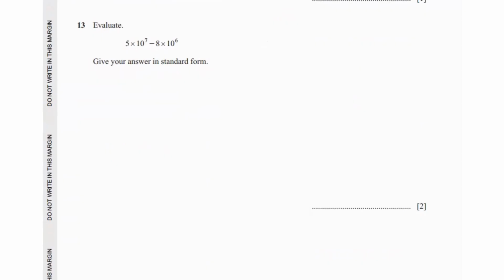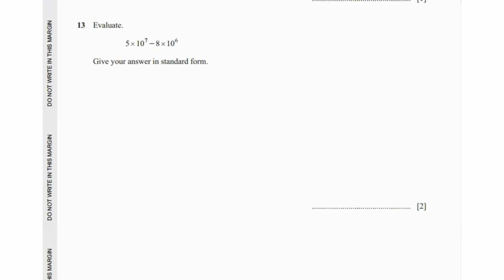Question 13 says evaluate 5 times 10 to the power of 7 minus 8 times 10 to the power of 6, giving your answer in standard form. For these types of questions, we're going to use the same rule as we did for the factorization of the expression. We're going to find the highest common factor.